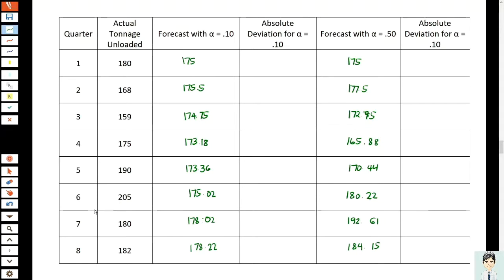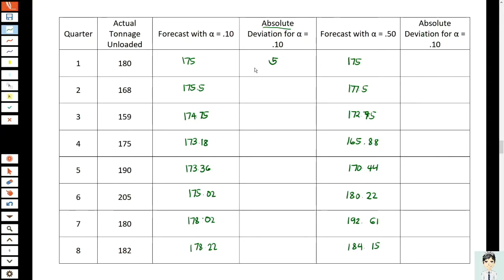Okay po. So next, ano yung absolute deviation? Diba? So, kung titignan natin, ang formula natin ng mean ng absolute deviation ay ng forecast error, 'di ba? Actual minus the forecast. So, sabi dito, absolute, 'di ba? So, 180 minus 175 is equals to 5. 168 minus 175.5, syempre negative 7.5 to.